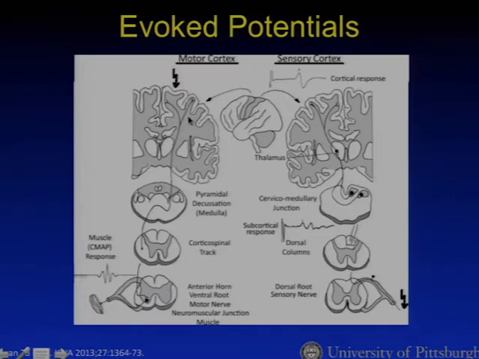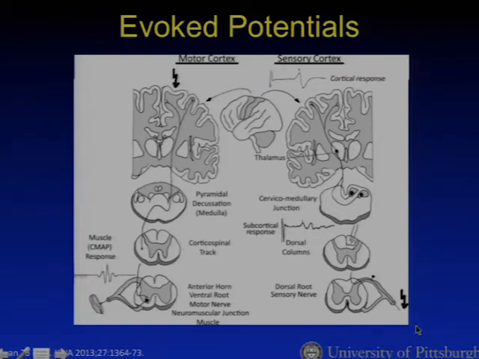The response then travels down the corticospinal tract, crossing the midline in the medulla, and continues in the white matter tracts of the spinal cord, and then activates motor nuclei here in the anterior or ventral horn of the spinal cord. The response then travels via the ventral root to the neuromuscular junction, where the response is usually measured as a CMAP or compound muscle action potential.